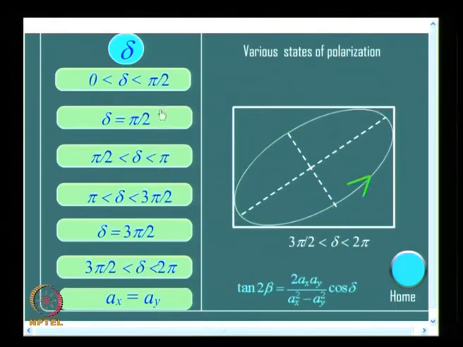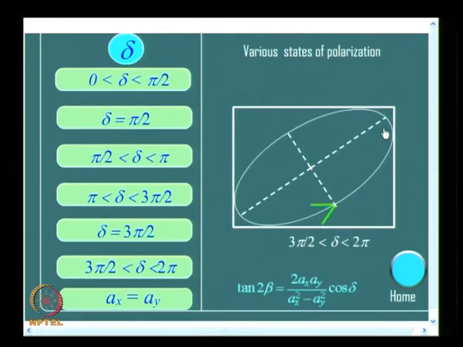So, this gives you a hope to use light as a sensor, because essentially I will find out what happens to the exit light. With the exit light, I will go back and find out what was the delta that has caused. Now, we will relate delta to sigma 1 minus sigma 2 later. That is how we will merge physics and stress analysis.